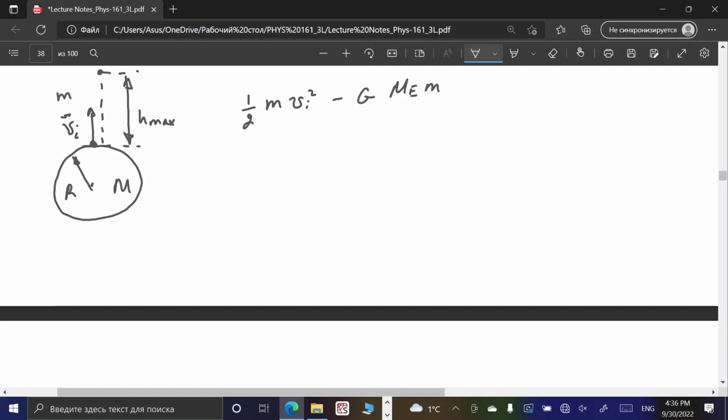We consider planet Earth. So that is the total mechanical energy of the projectile on the surface of the planet when it receives this velocity vi. What do we have at the maximum height? There will be some kinetic energy.